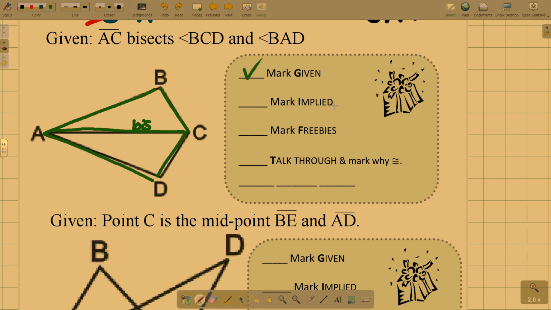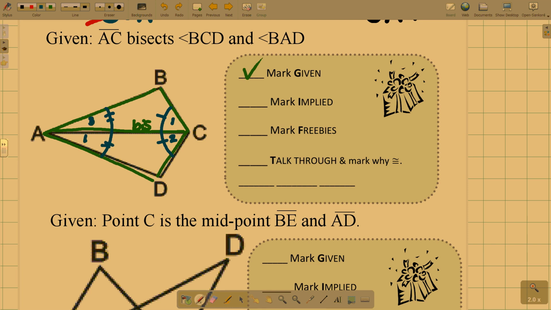Now you do implied and freebies together. What's implied by that bisector is, if BCD is bisected, these 2 angles are congruent. And you can always add numbers to angles to make it easier to describe them, so I can label those angles 1 and 2. Because of the bisector going the other direction, these 2 angles are congruent.